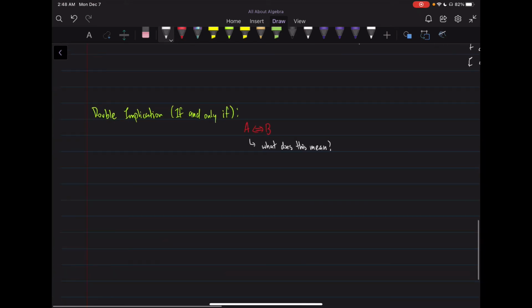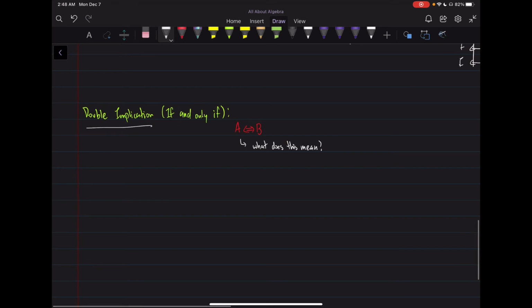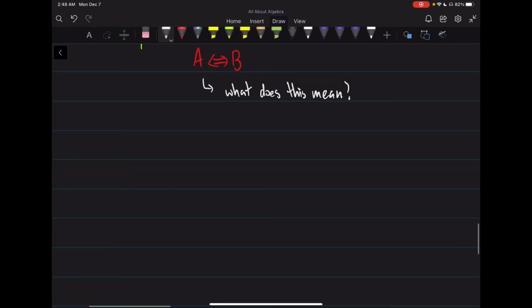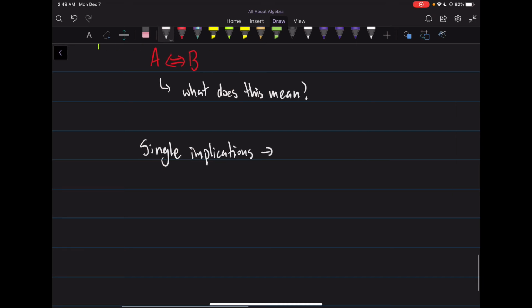Well, as the name might suggest, double implication. And we know what a single implication is. Single implications look like this. A implies B. Now what about a double implication?